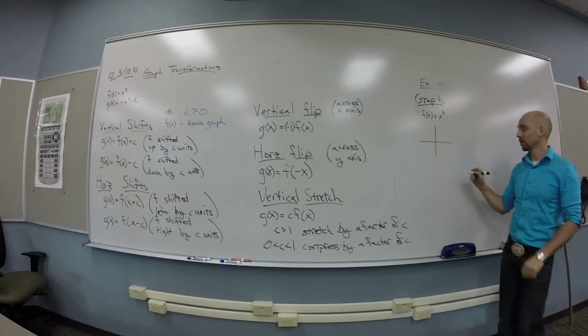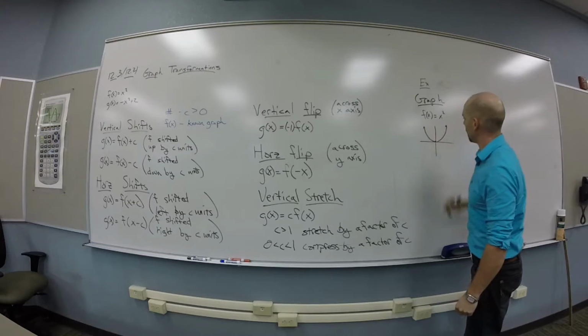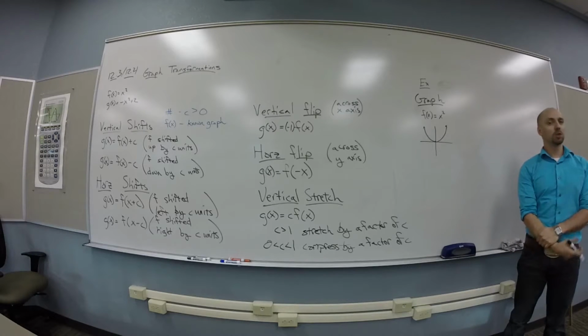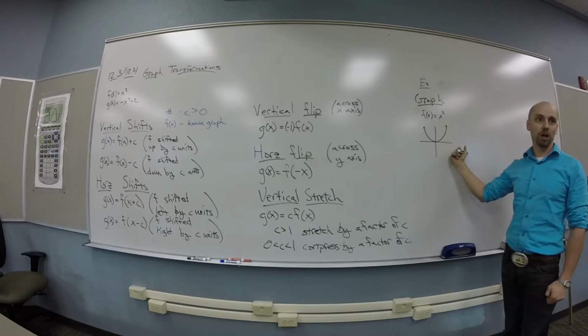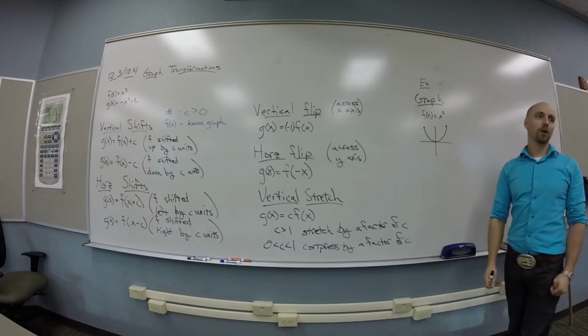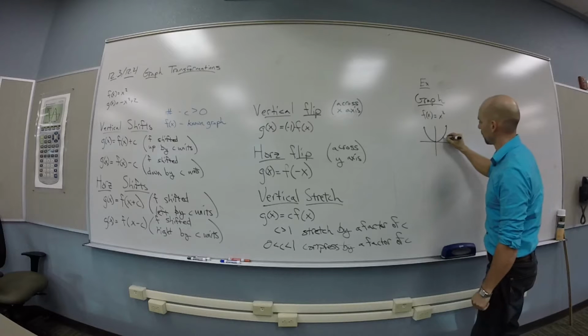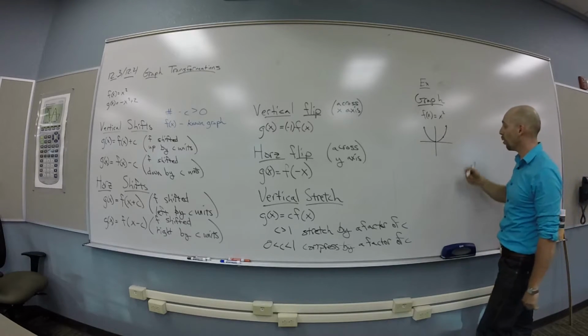It's like a parabola. Okay, so maybe here's f of x is x squared. I should put a point on here for reference. So we know it goes through 0, 0. What's another point I know x squared goes through? Yeah, 1, 1.